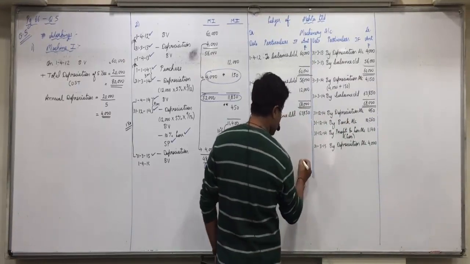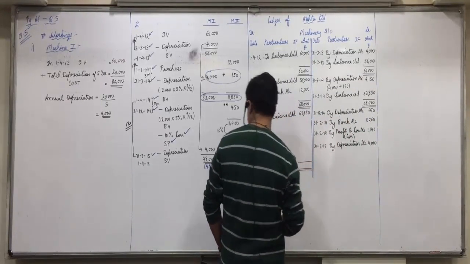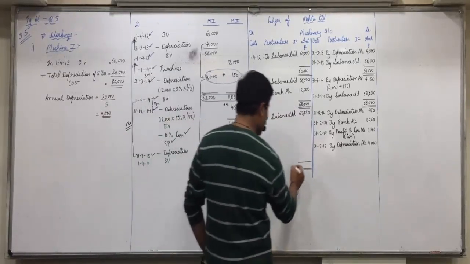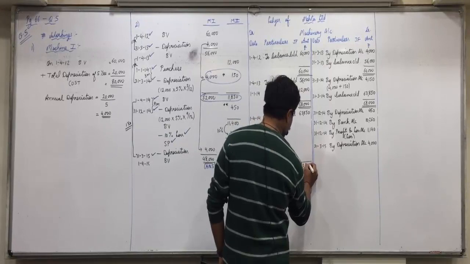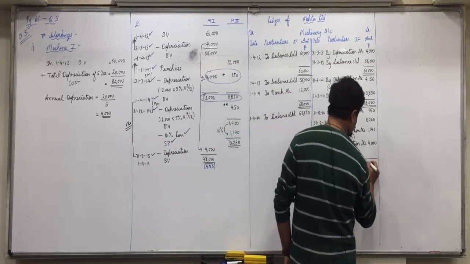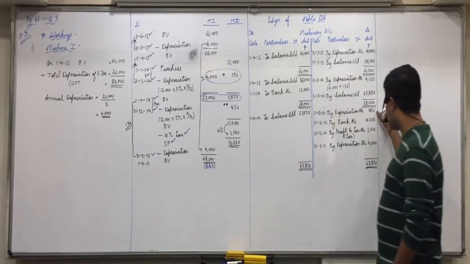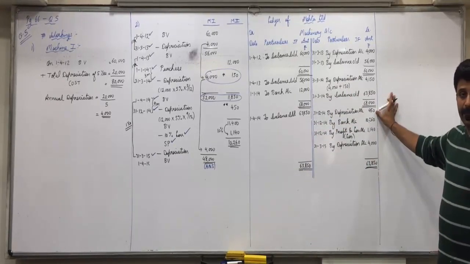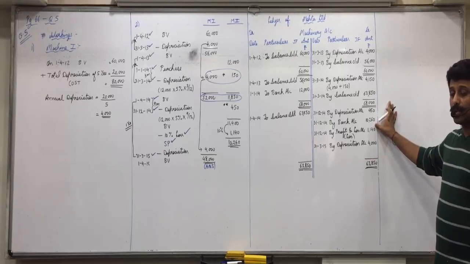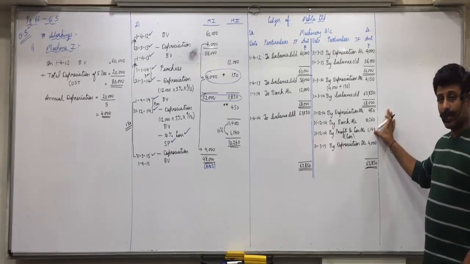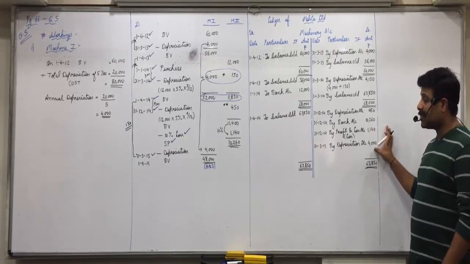Okay, and then finally again we'll do the balancing, and our answer should match with 48,000. So 63,850. Now do it everyone. 63,850 minus 450, minus 10,260, minus 1,140 and minus 4,000.